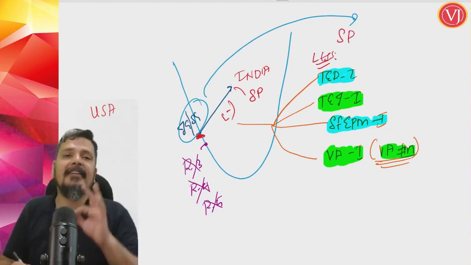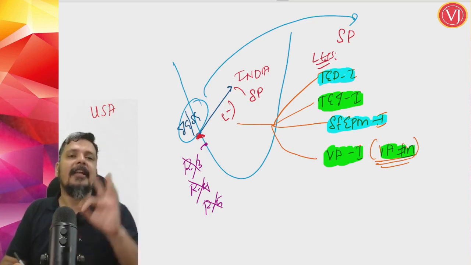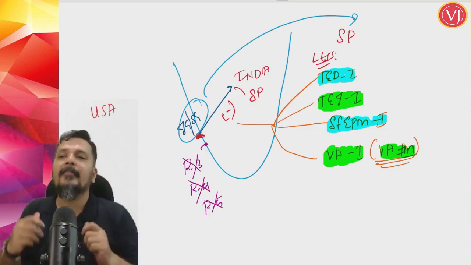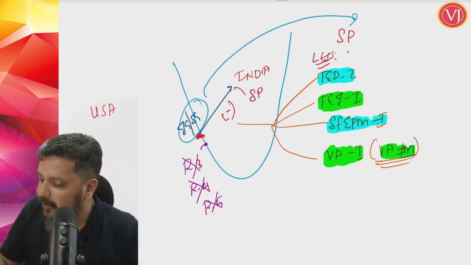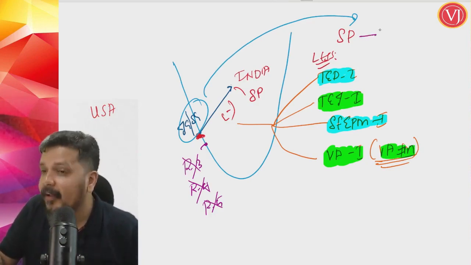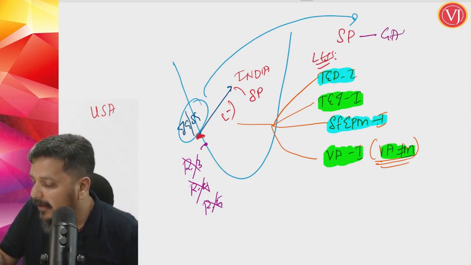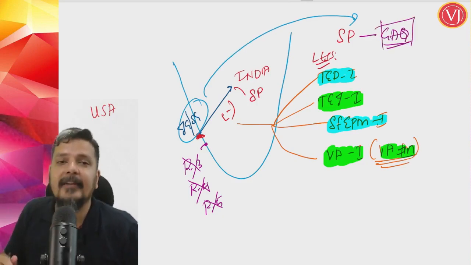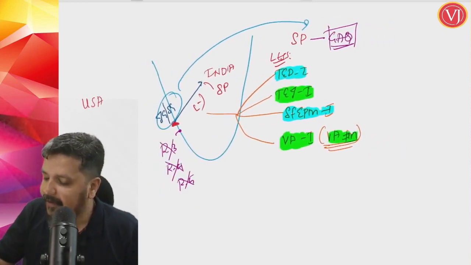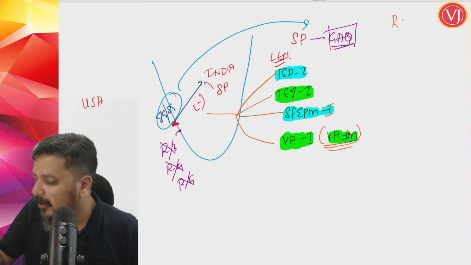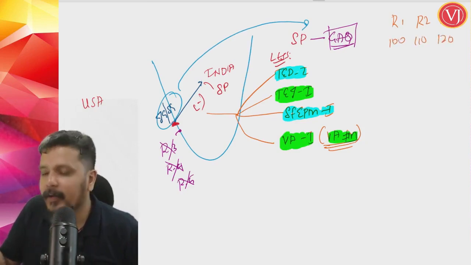If I get 3 reference points, which reference point should I select? The reference point corresponding to greatest aggregate quantity. It is neither the highest nor the lowest. Say for example, those 3 reference points, the price was 100, 110, 120.